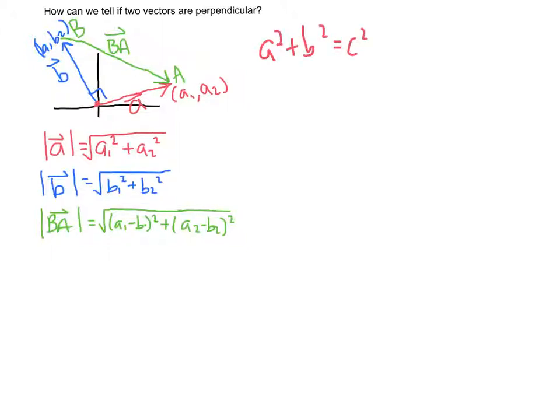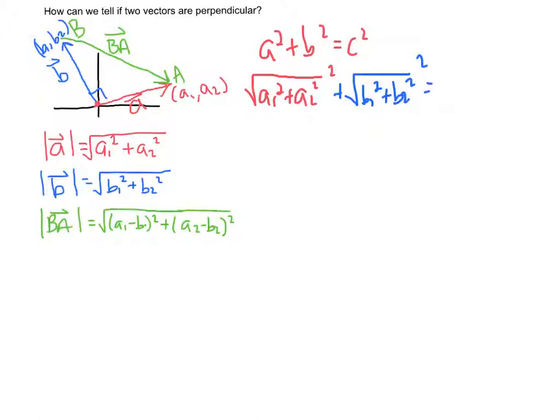In this case, A is going to be vector A. So we're going to do the square root of A1 squared plus A2 squared, and we're going to square that number, plus B squared, so it's going to be the square root of B1 squared plus B2 squared, and we're going to square that number, and that's going to equal the magnitude of BA squared.